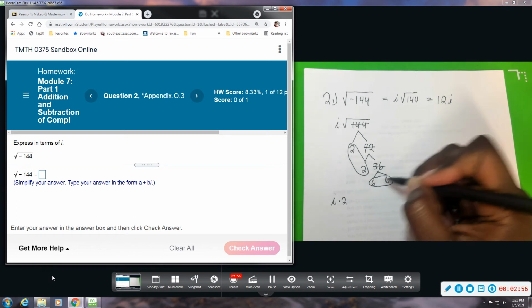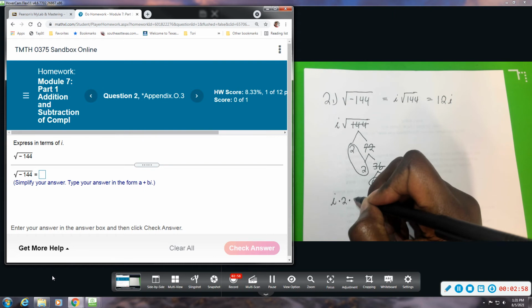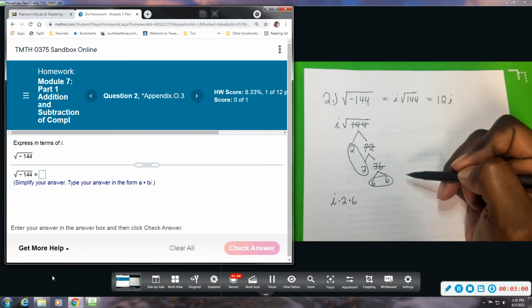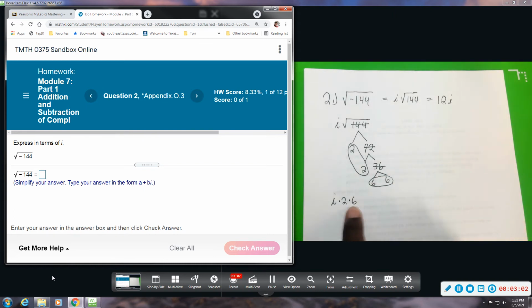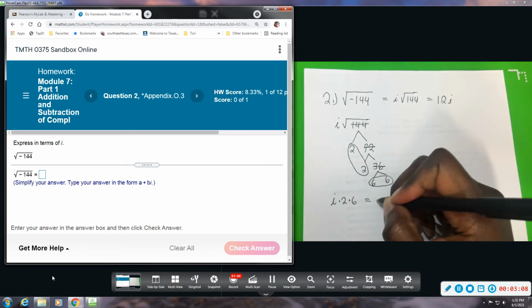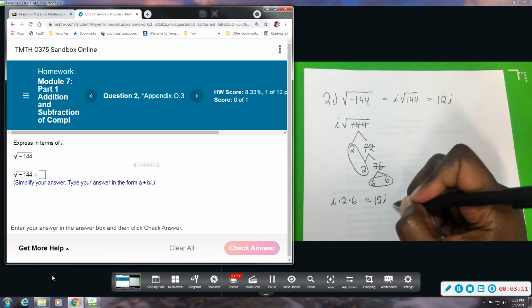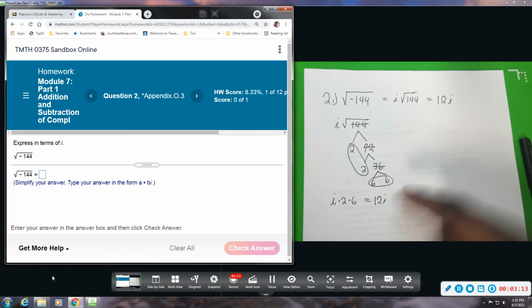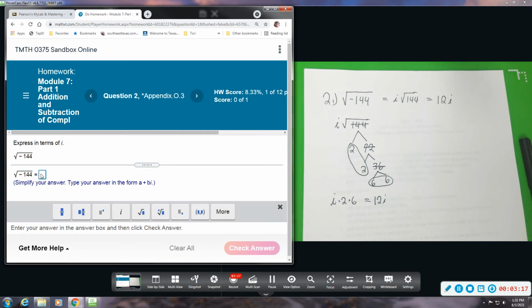These two will become 1. And if you pull out multiple numbers from under the radical, all you're going to do is multiply them together. So if I multiply 2 times 6, sure enough, we get 12, and it's 12i. Okay, so that's how you reduce a radical, because sometimes we will not have perfect squares, but we will have to reduce. So 12i.